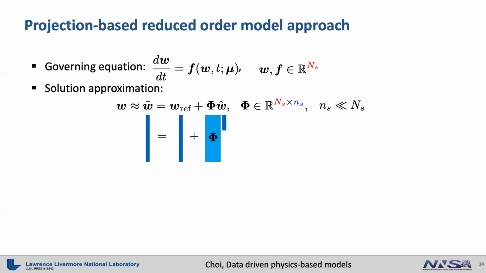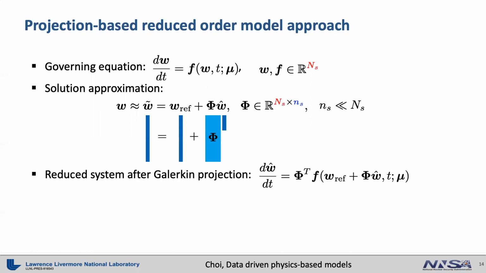Then you plug this solution representation into the governing equation, and you will end up with an overdetermined system, as you can imagine, where you have more equations than unknowns. So to close the system, you apply some kind of projection. Here I have applied the Galerkin projection, but some other projections are possible also.